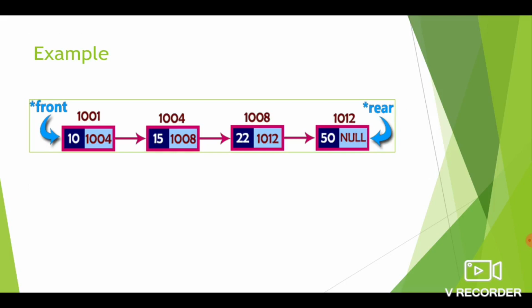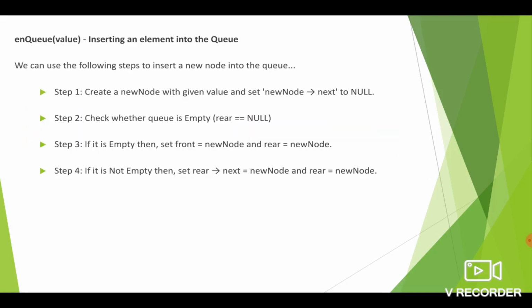So we have several nodes: 10, 15, 22, 50. They are the elements and each node consists of two parts, the data value and the next part. The next part contains the next node address. The newly inserted node is pointed by rear and the first node is pointed by the pointer front.